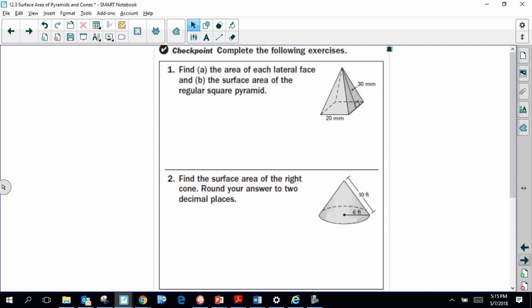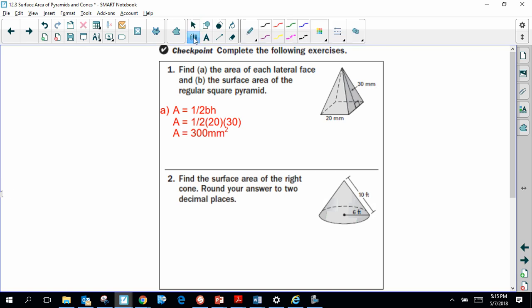Well, again, it's just 1/2 times the base times the height. Well, in this case, the overall base of the triangle here is 20. And the lateral height, the slant height, is given to you to be 30. So those are what we substitute for the base and the height of the triangle.